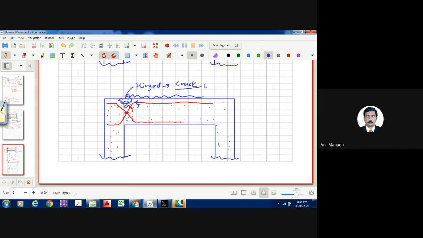If you really want to make it as a hinge support, you need to create such an arrangement. Purely hinge, I am trying to say, more of the hinge. Then this has to be the arrangement, and if there is a load, this will crush. And once it gets crushed, or once it gets cracked, then and then hinge will form.